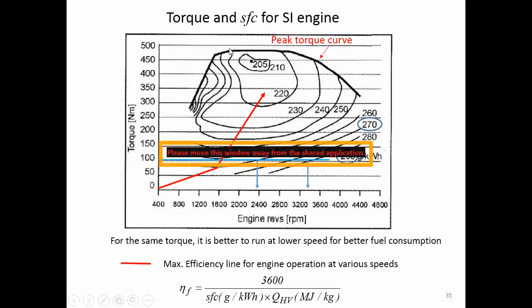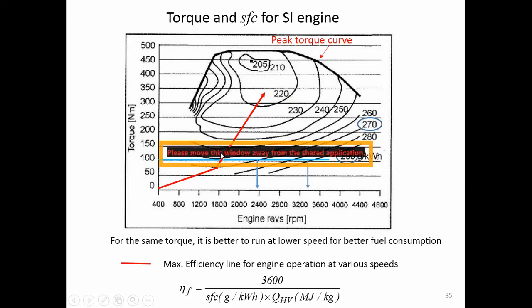The dark big line here represents the peak torque curve, the maximum torque that the engine can deliver at each particular speed. It cannot give you higher torque than this at a specific speed.